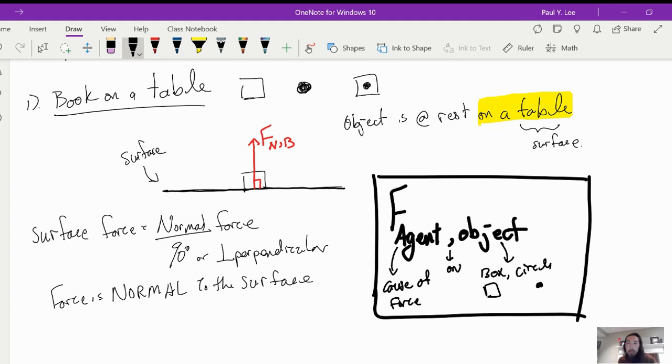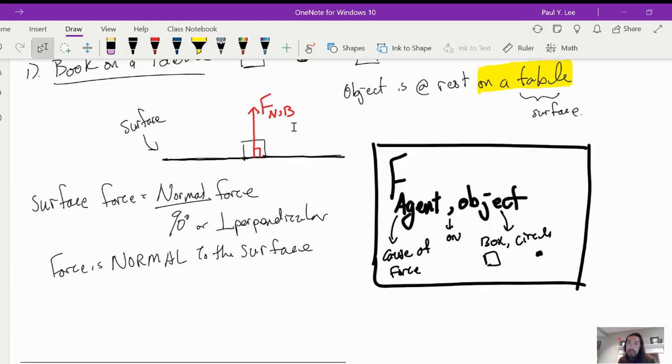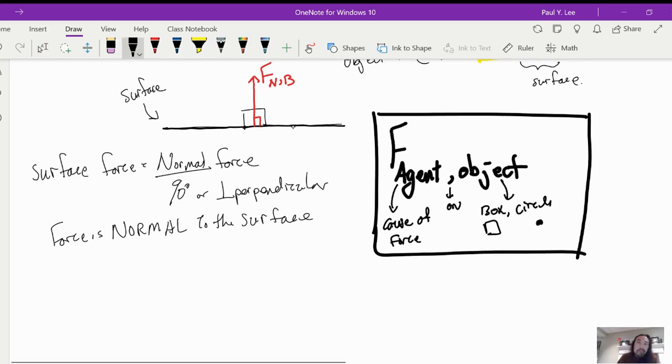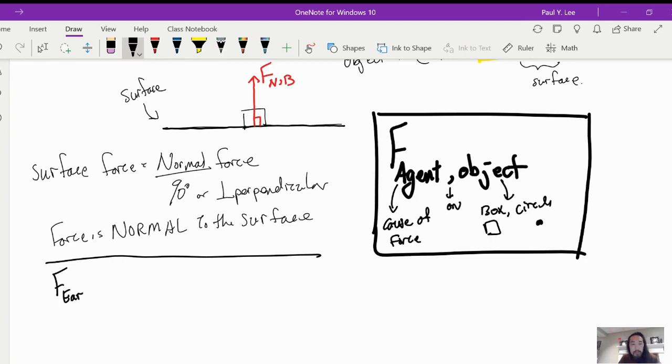Now, the other force acting on this book that we don't see is from the Earth, and that is what we call a long distance force. For our class, what you need to know is the force of the Earth, comma, on object. This is what we call the force of gravity.